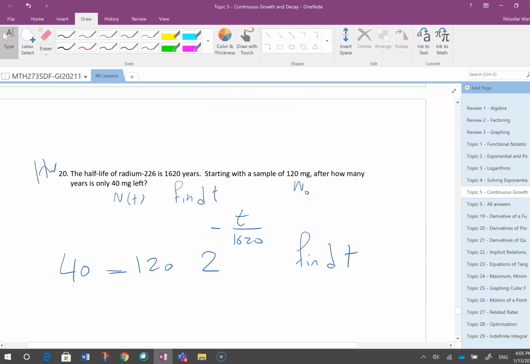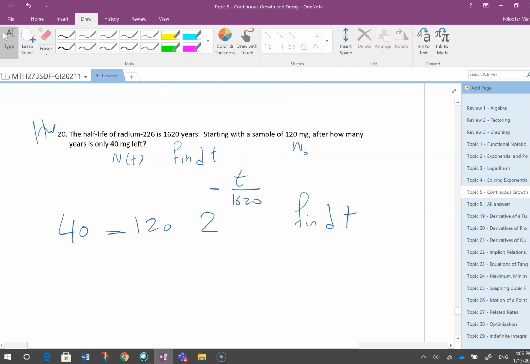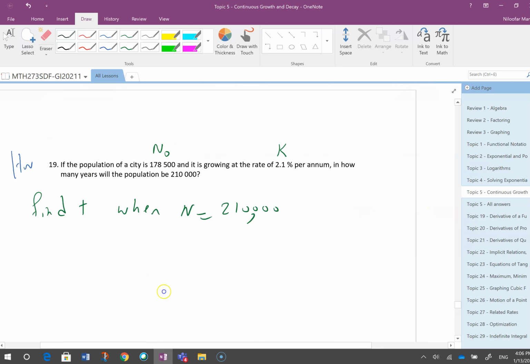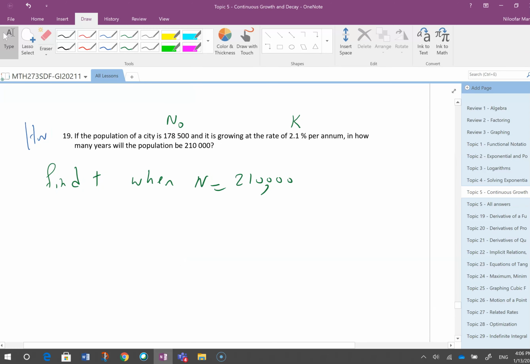How about here? Again, this is the same thing, but find T in years. How about this one? I have 210,000 equals 178,500. It is growing, so the power is positive. But is it doubling or half-life or neither?